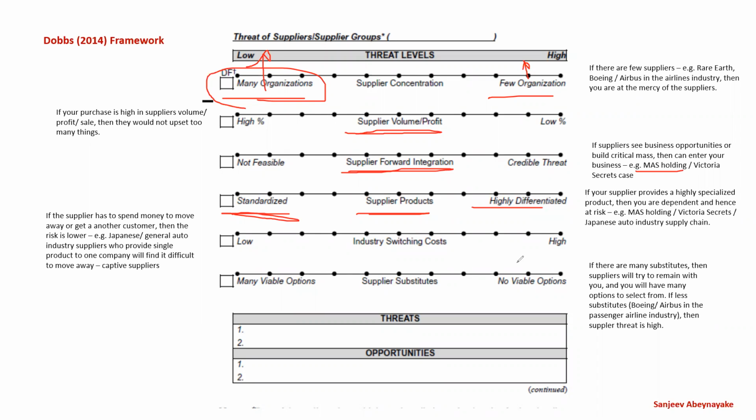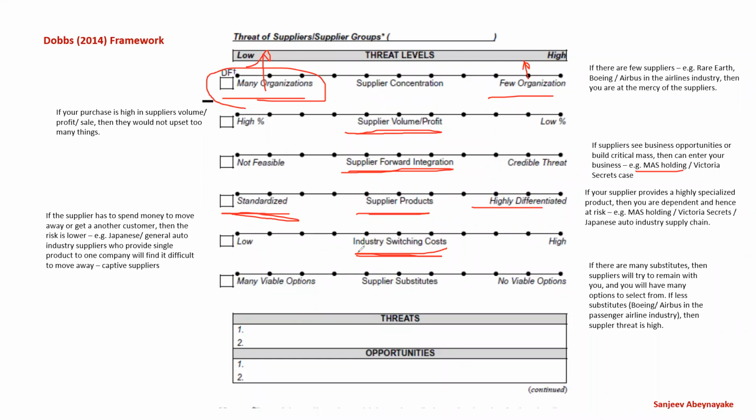And then, of course, the switching cost. All right. So industry switching cost. If you can switch suppliers very fast, then that's not a problem, right? You quickly switch, and then the suppliers do not have that much power.